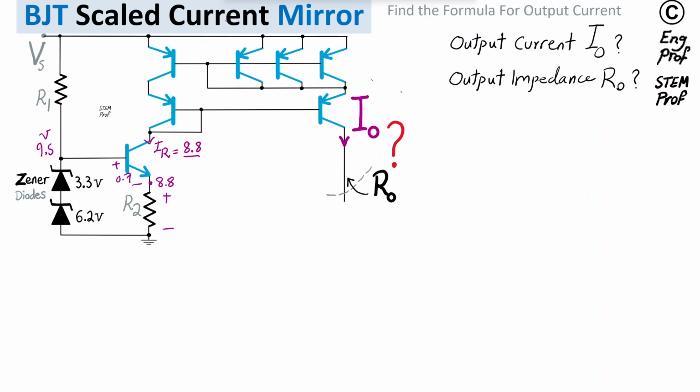This is the value of the reference current at the collector, roughly, of the NPN transistor. But how can we make sure that this 9.5, which is the reference voltage coming from the series of these 2 Zener diodes, has minimal temperature dependency?